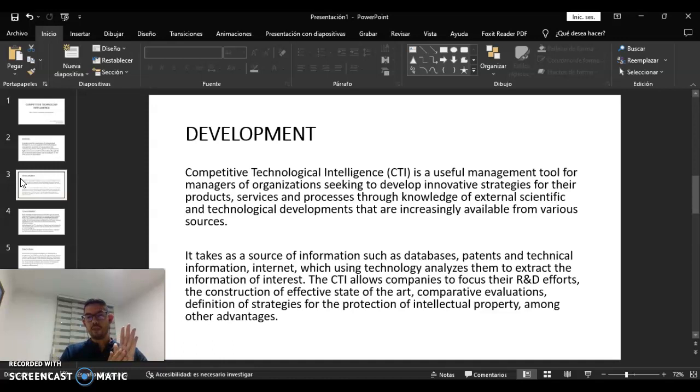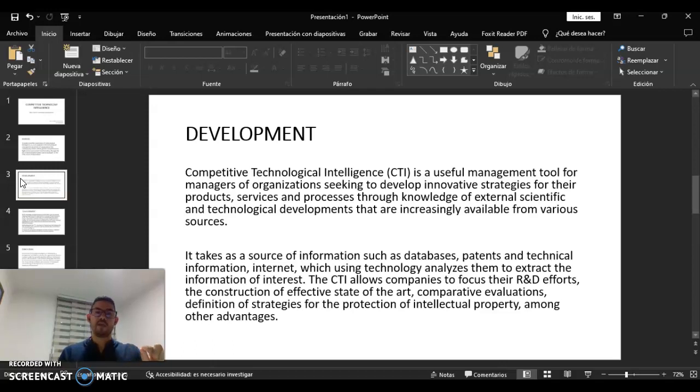Development. Competitive Technological Intelligence (CTI) is a useful management tool for managers of organizations seeking to develop innovative strategies for their products, services, and processes through knowledge of external scientific and technological developments that are increasingly available from various sources.